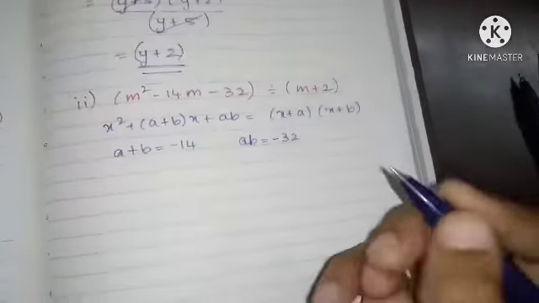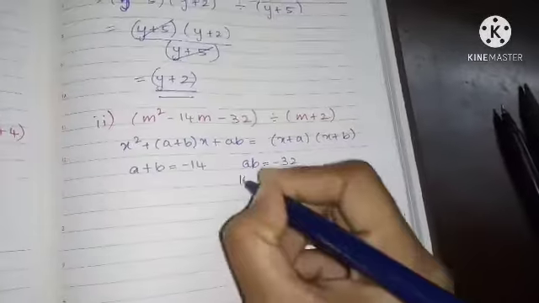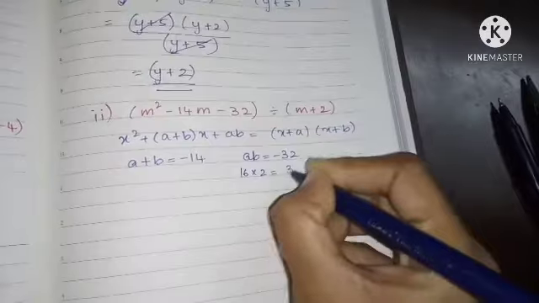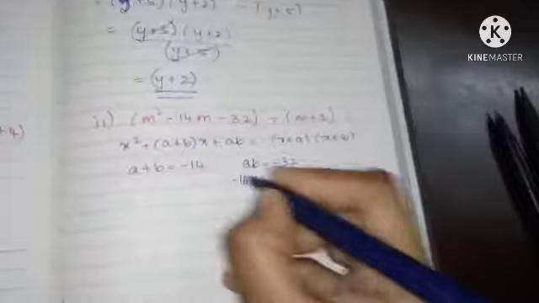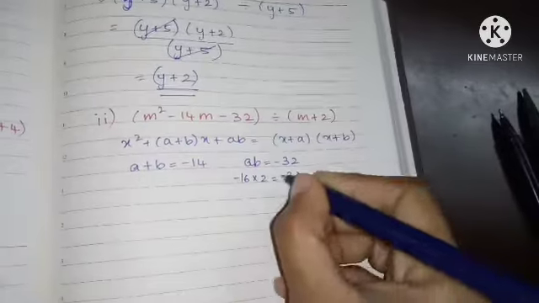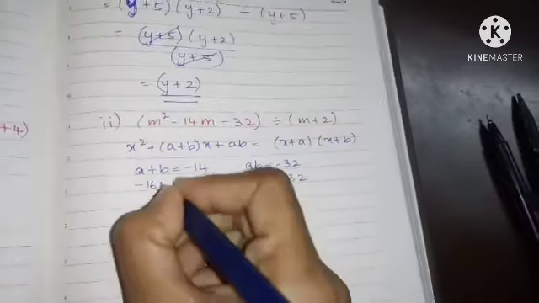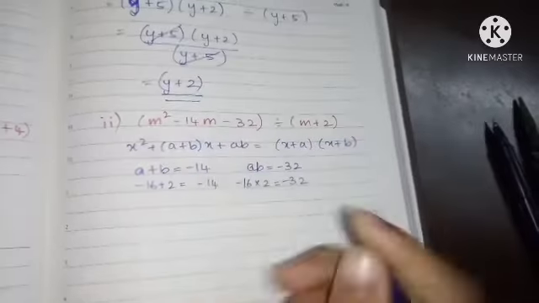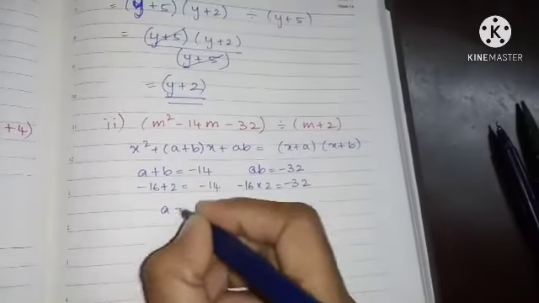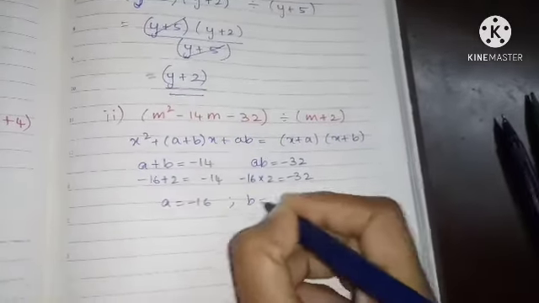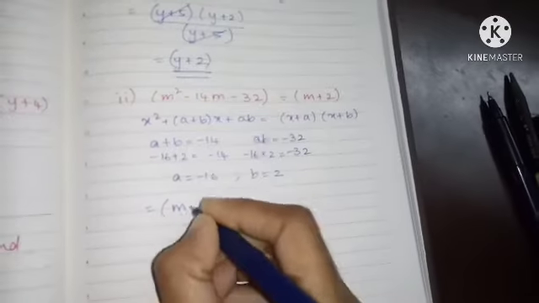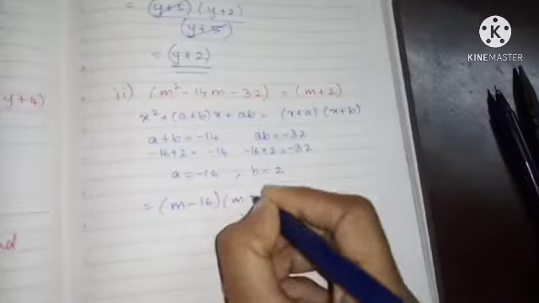What are the possibilities? 16 twos are 32, right? So minus 16 into 2 is minus 32. So minus 16 plus 2 is minus 14. Now you got it, right? So a is equal to minus 16, b is equal to 2. So instead of this I will write (m minus 16) into (m plus 2).